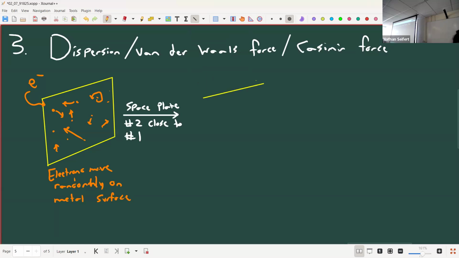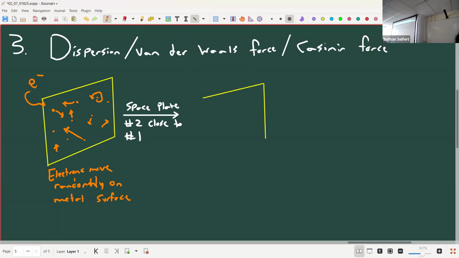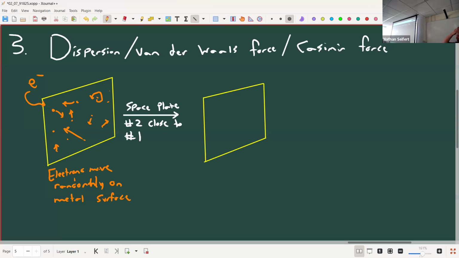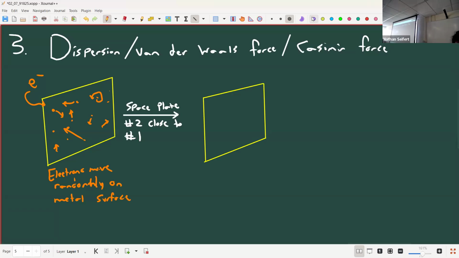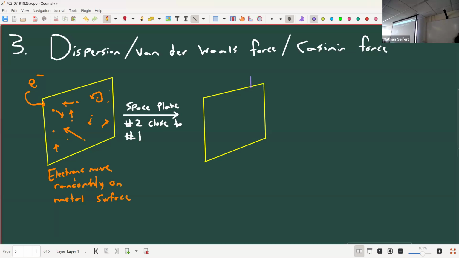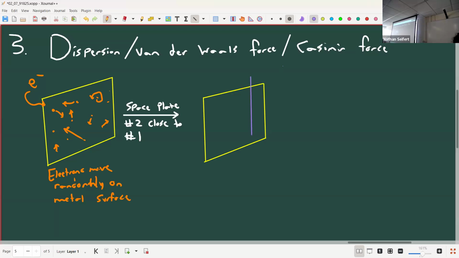As the distance goes to 0, not exactly to 0, so we'll talk about how close they can be before this breaks. Let's say distances approaching atomic distances, so nanometer scale. What happens at nanometer scale?